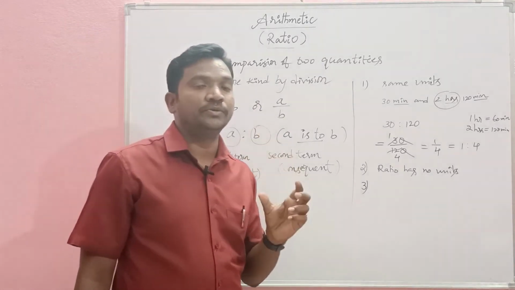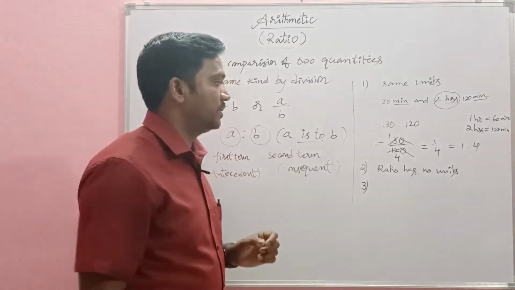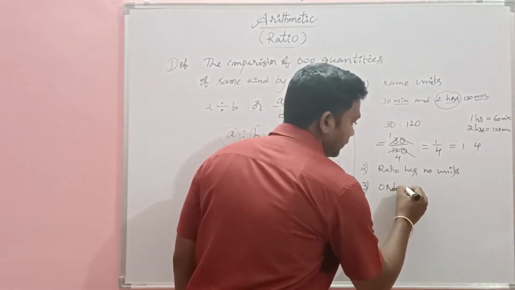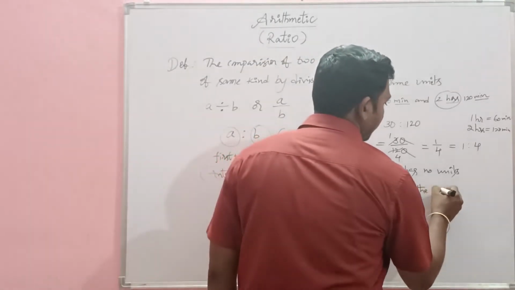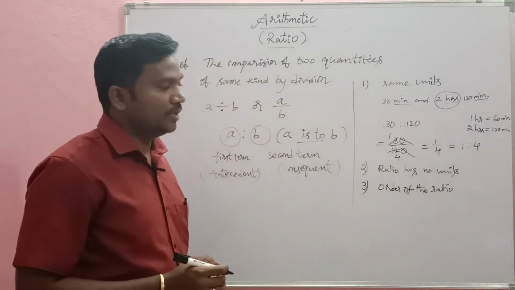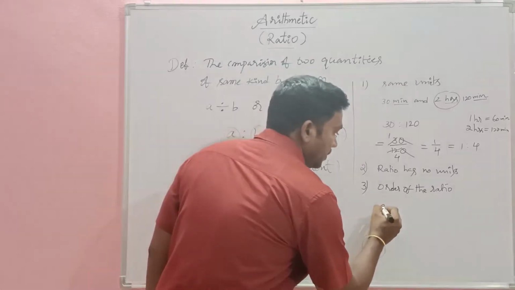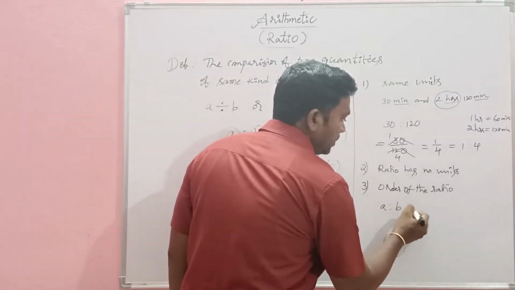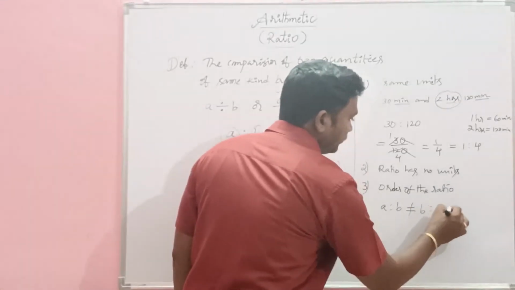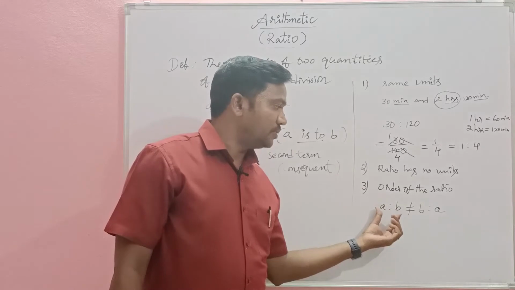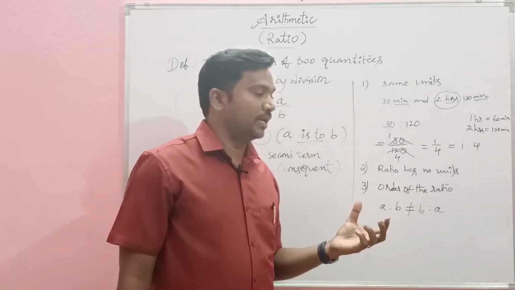The order of the ratio is very important. To understand this, A is to B is not equal to B is to A. So here for any ratio, order is very important.